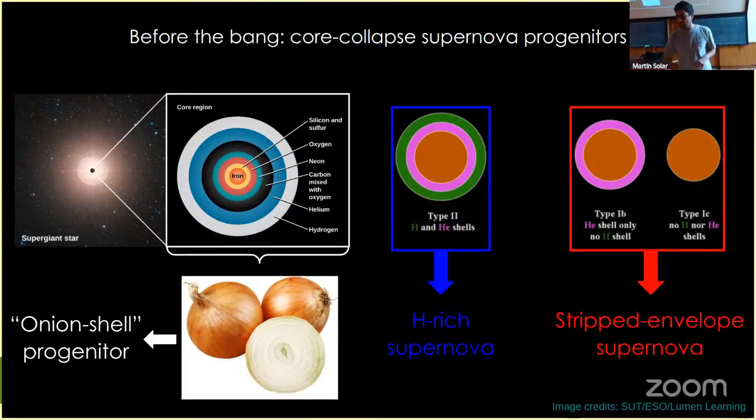In the other case, we have stripped envelope supernovae, in which the outer layers of hydrogen were removed prior to the explosion. Type 1b, and a case that is even more extreme are the type 1c, in which the outer layers of hydrogen and helium were removed. So it makes sense, this name, stripped envelope.